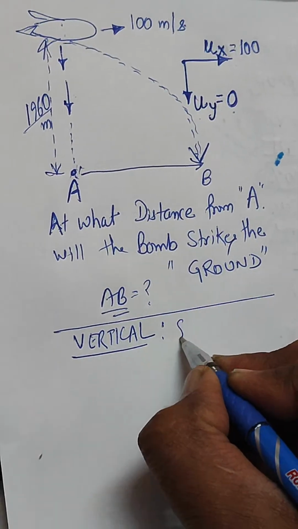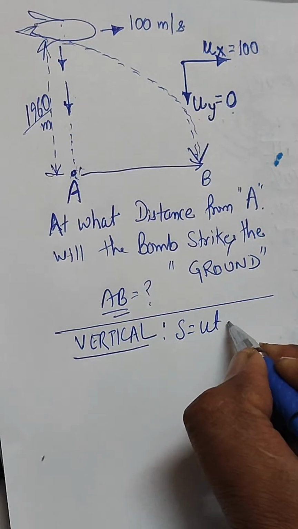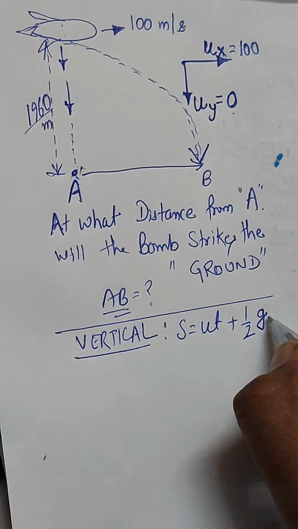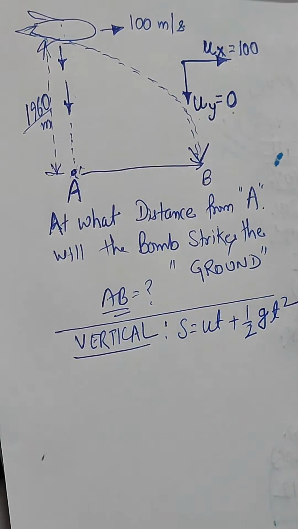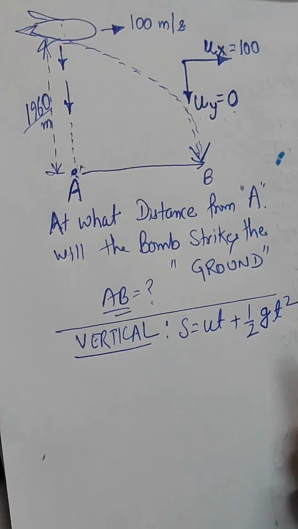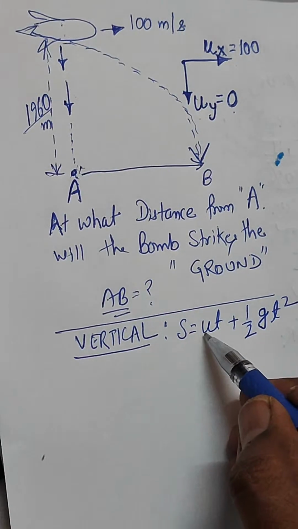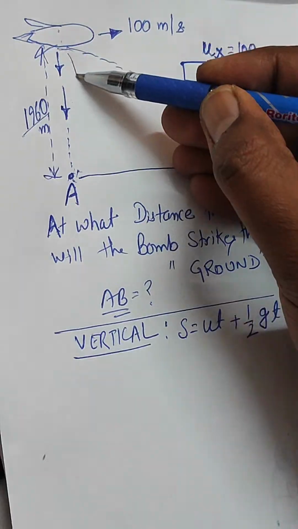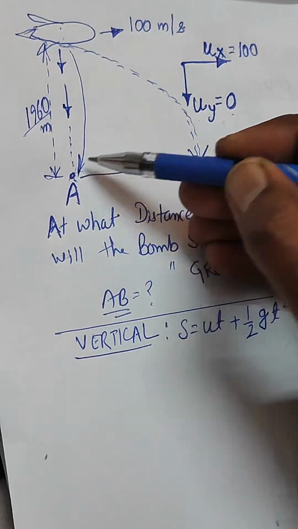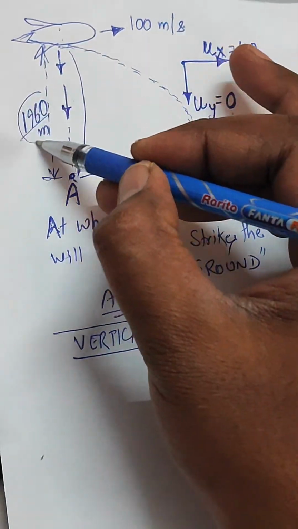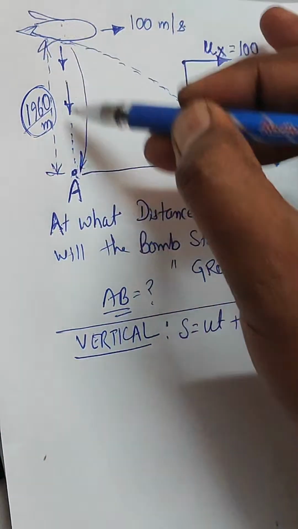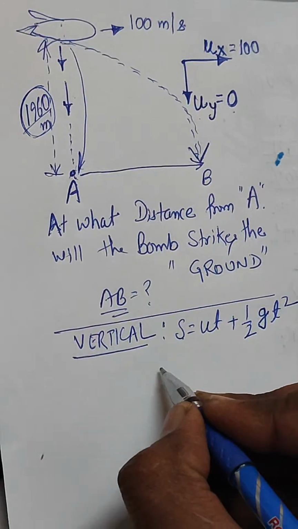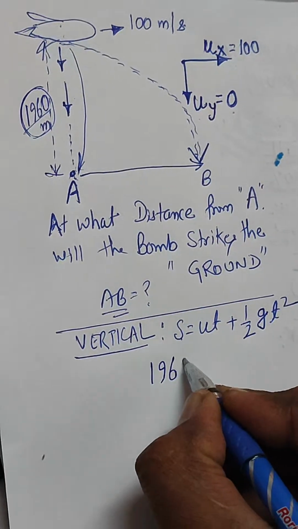If you apply the formula s equals ut plus half at squared, a is basically g here, the acceleration due to gravity. The total displacement in the vertical direction is equal to 1960 meter, the height of the aeroplane. So can we write s as 1960?